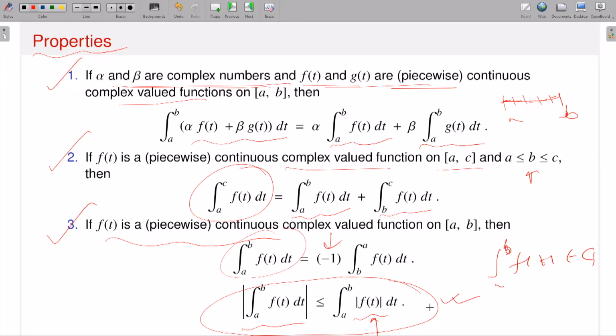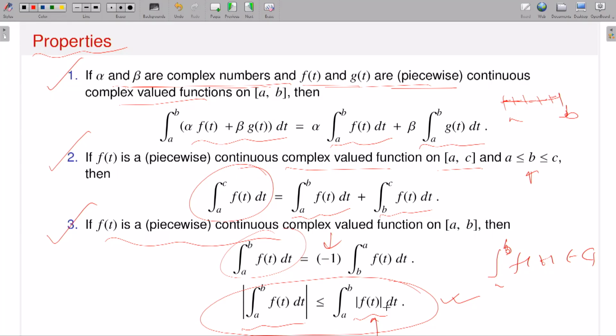So if I take the modulus, it is dominated by the integral of the modulus of f(t) dt. I can push the modulus inside the integrand, but there should be an inequality. That means it is dominated by. Okay, so that is important.